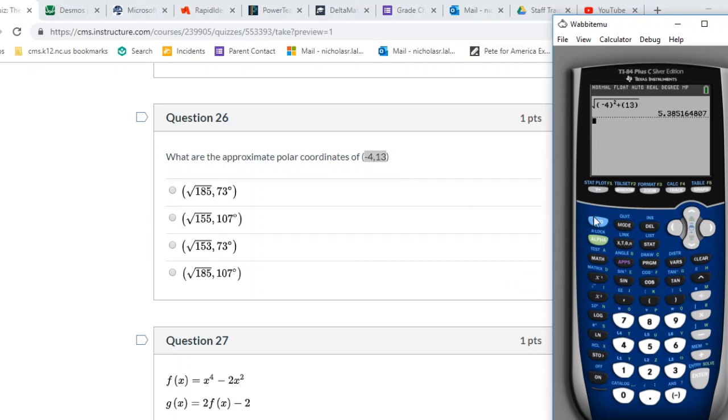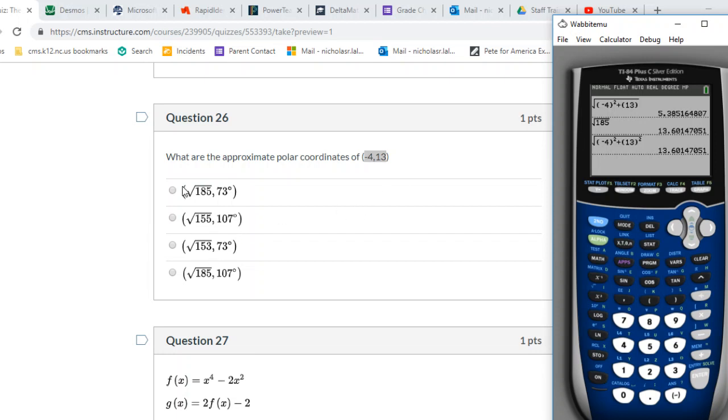Let's check to see which answer choice is actually equivalent to 5.385. Is it root 185? No, oh, mistake here. I have to square the 13. Mistake there. Okay, so it is root 185.